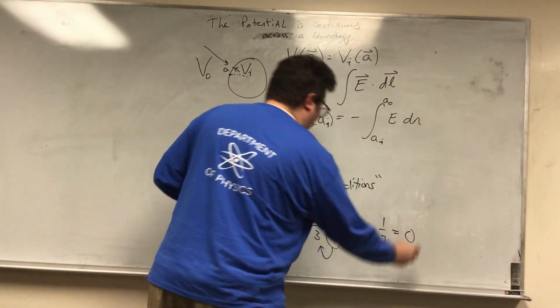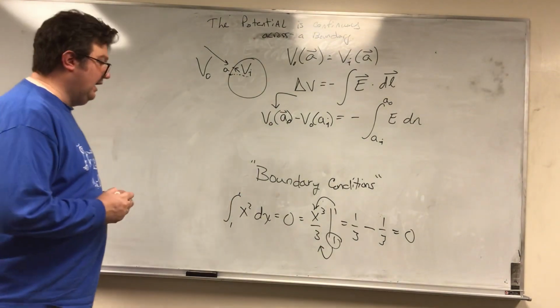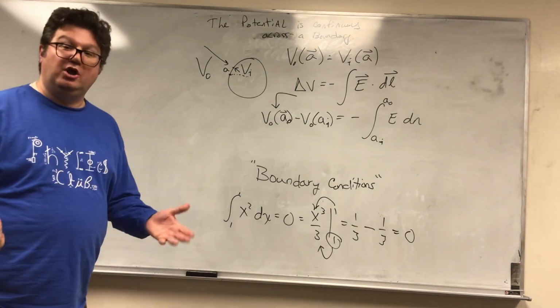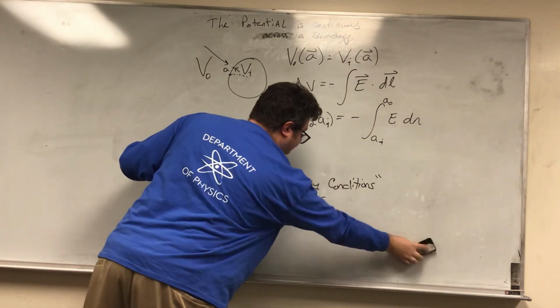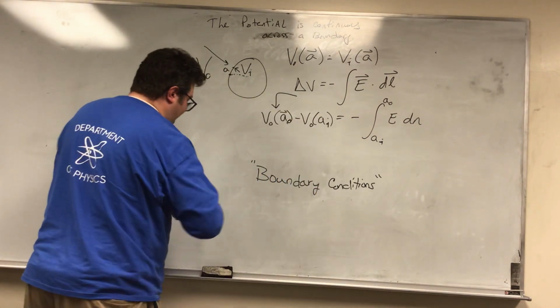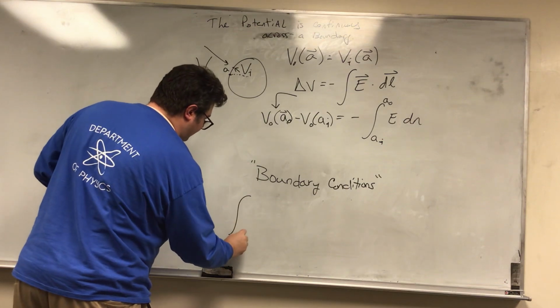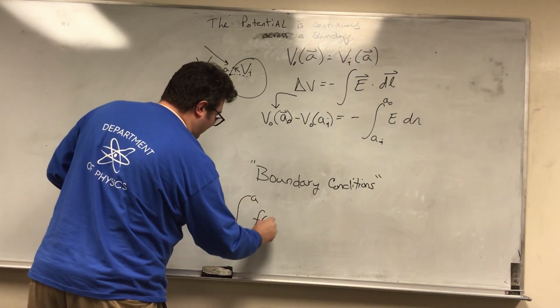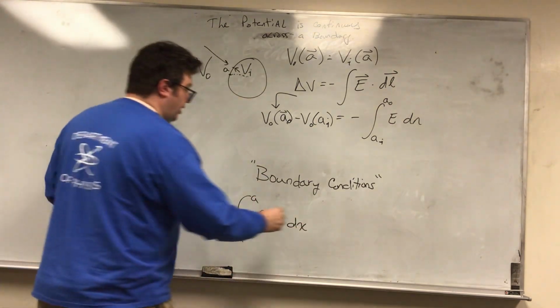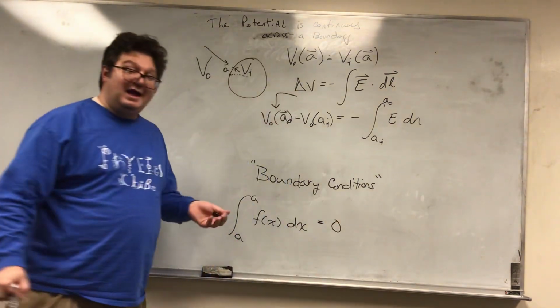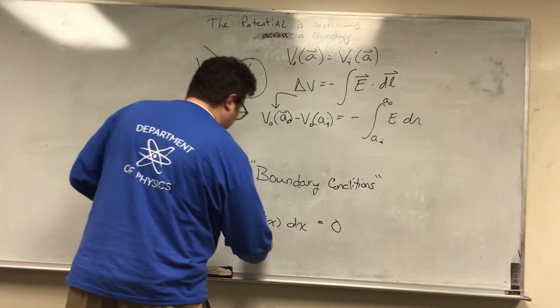This, of course, works out to 0. In fact, that's a relationship that you need to know about integrals. In general, if I have the integral from A to A of f of x dx, this is going to be 0 as long as f is well behaved.